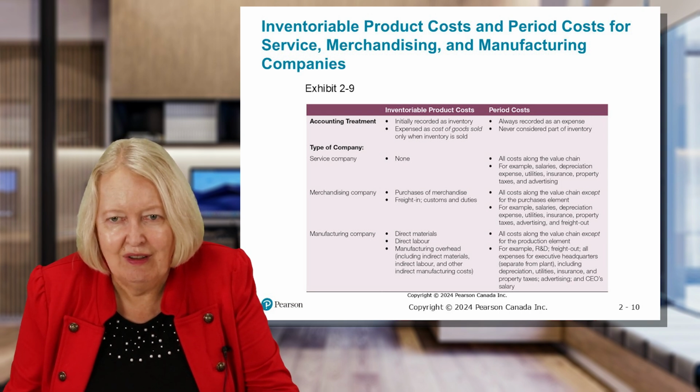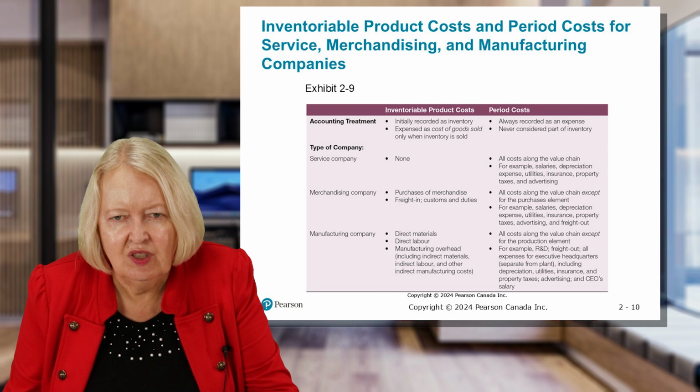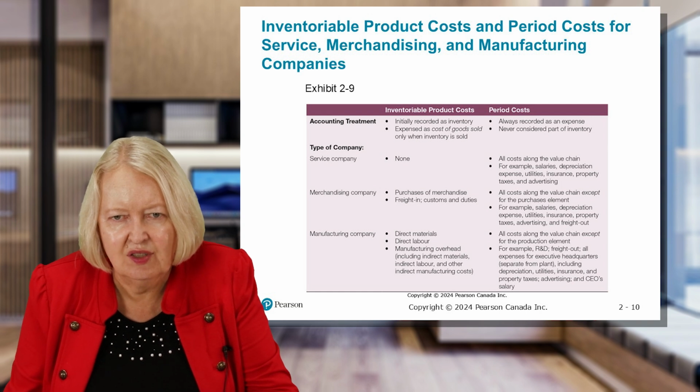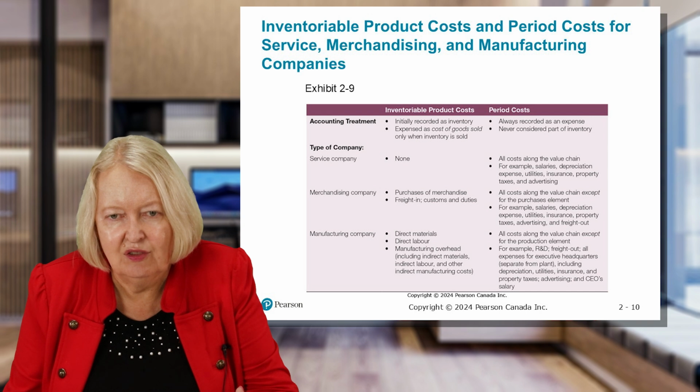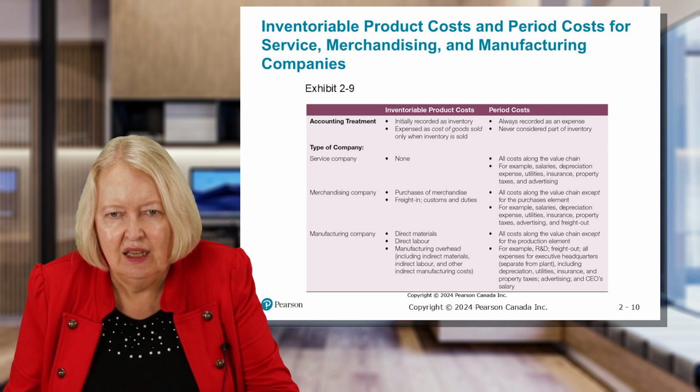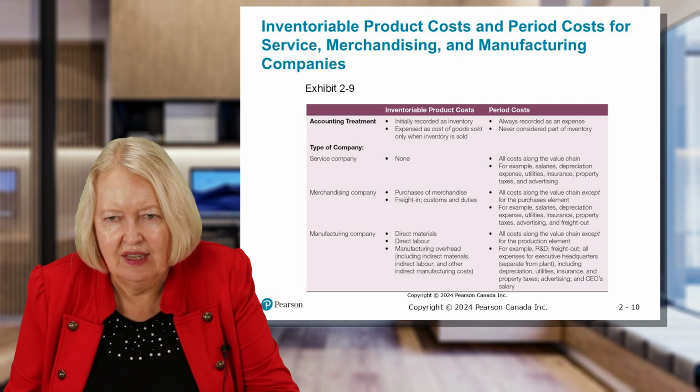You don't have inventory, obviously, you're providing a service, so all of your costs are period cost. For a merchandising company, the purchase of your merchandise that you're buying to resell, plus the freight-in, which means the cost that you pay to have it shipped to your store, and any customs and duties, all of that is part of the cost of the inventory that you're selling.